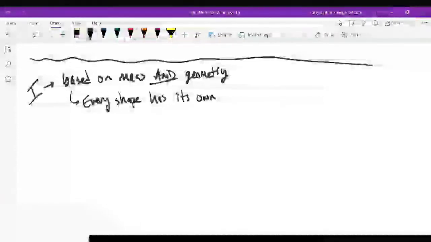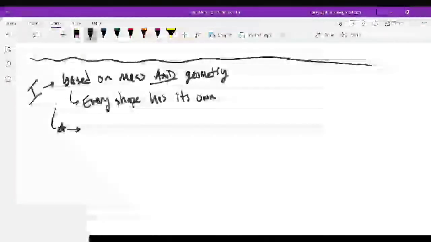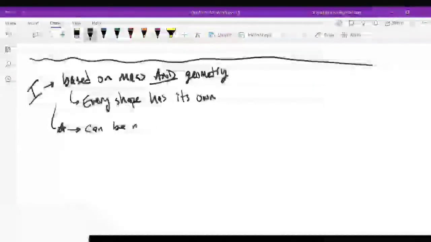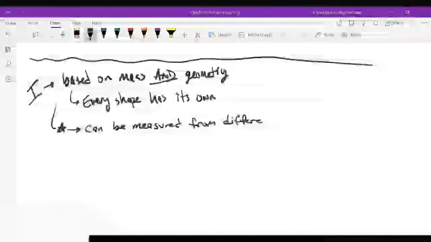But here's the thing: moment of inertia, I put a little star, you can measure it from different spots. Our example will be a rod.